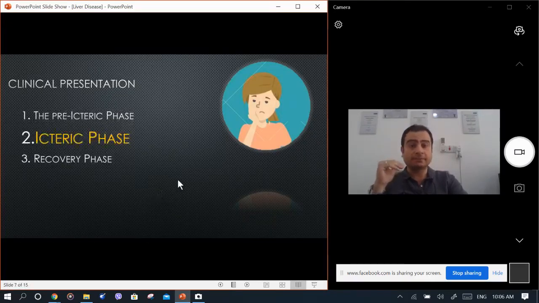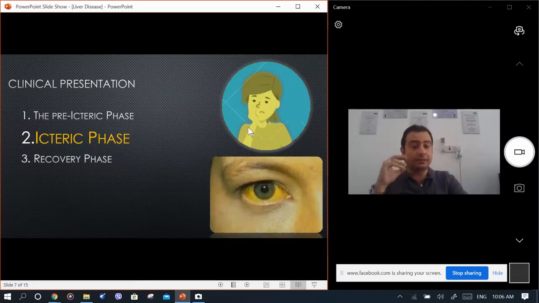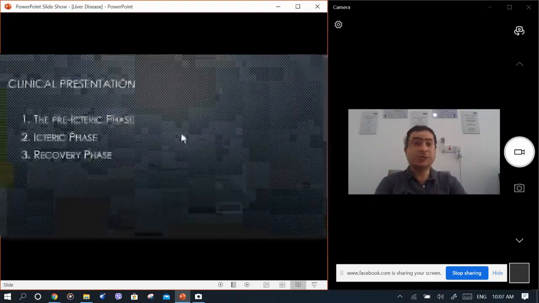The icteric phase is characterized by yellowish discoloration of the skin and mucosal membranes, including the sclera of the eye. This phase is also characterized by liver enlargement, hepatomegaly, and abnormal liver function tests. This phase continues for about 8 weeks, and then the patient moves into the third phase, which is the recovery phase.